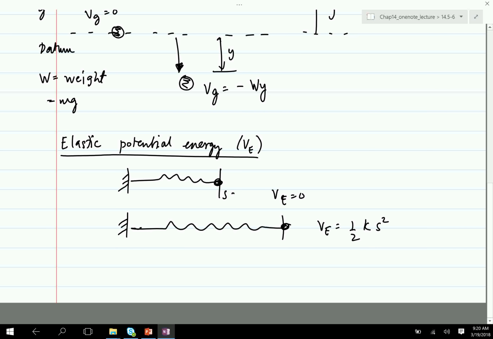You know what, let me put S equals S0, just indicating that it's a non-zero length spring. So now this is S0, this is S. So now the work done is k times S minus S0 squared.